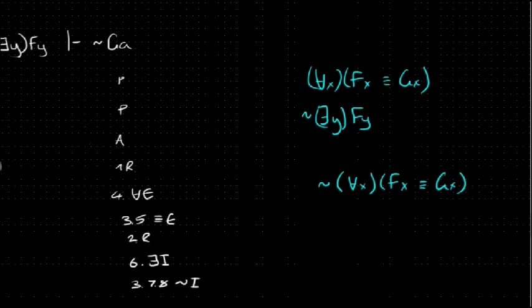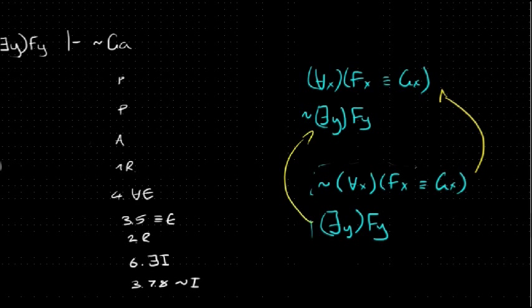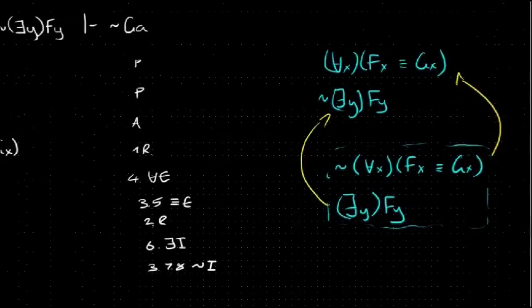Looking for contradictions is as simple as either popping a negation on the front of a formula or taking a negation off the front of the formula. If we had these in our margin, we could ask, how could I possibly derive one of those two things?